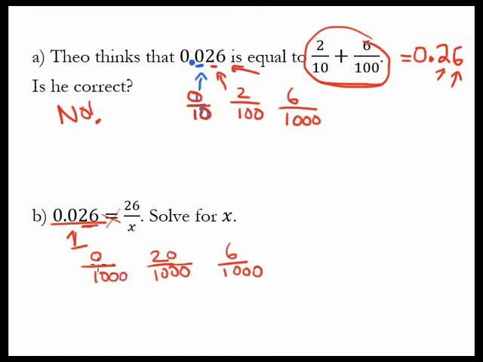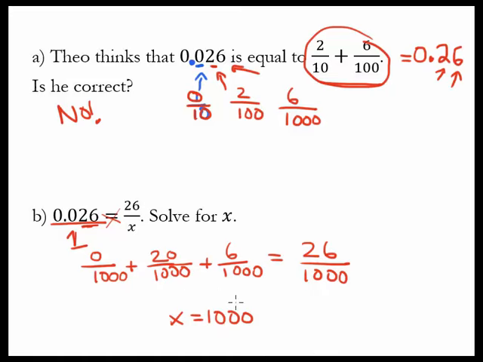It's also 0 thousandths, okay? And so we know that this number is comprised by the sum of these 3 numbers, and we see immediately the answer is 26 over 1,000. So the answer is, solve for x: x equals 1,000 in this case, because that's how many thousandths.